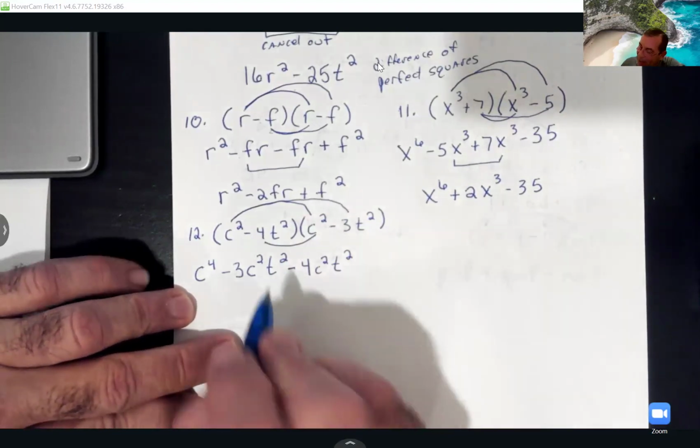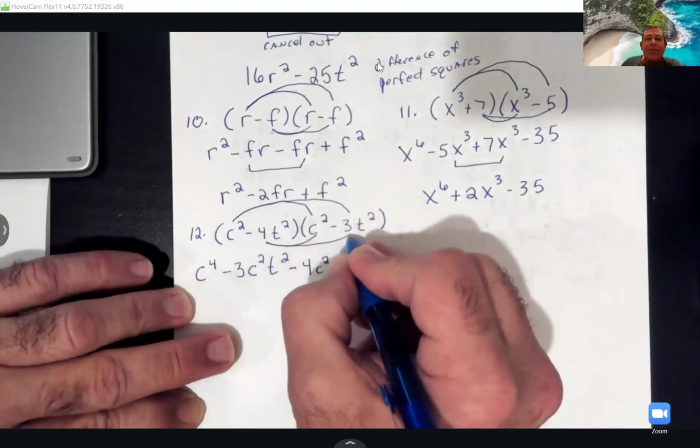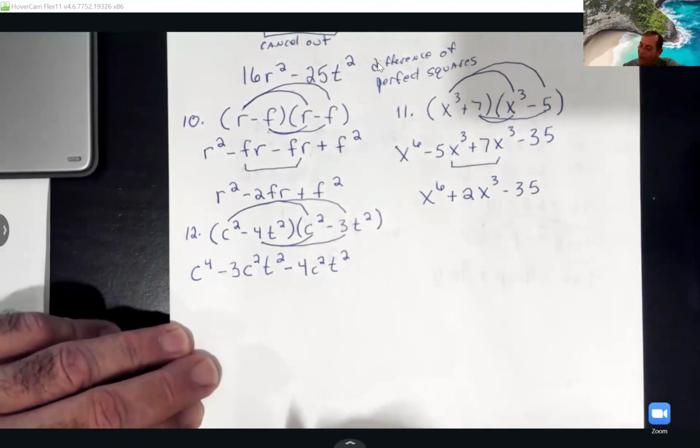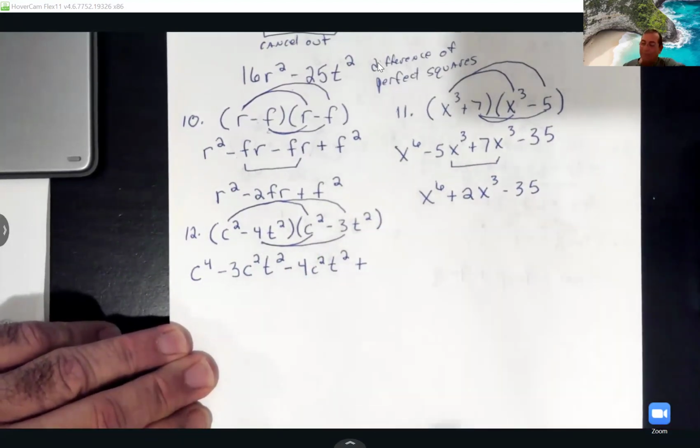And it looks like all we've got left is negative 4t squared times negative 3t squared. We do know that these two negatives will make a positive.